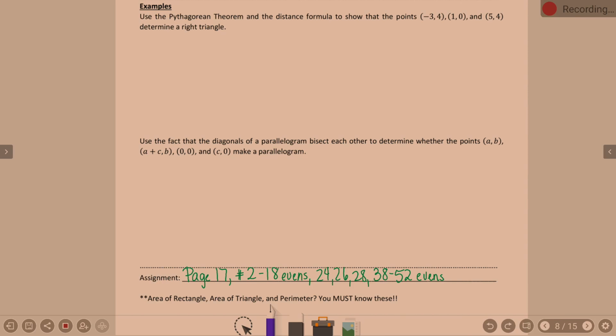Does that prove it's a right triangle? Then we measure one of the corners. I'll be honest, I am going to sketch a graph here, just so I have the visual: negative 3, 4.